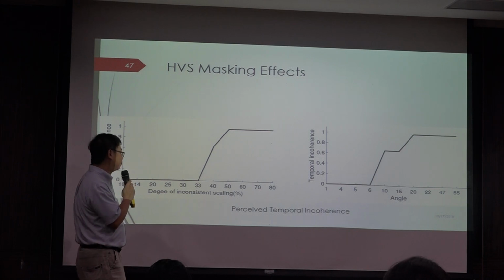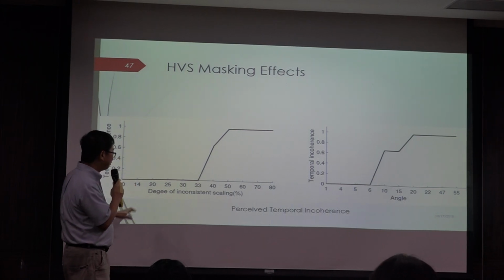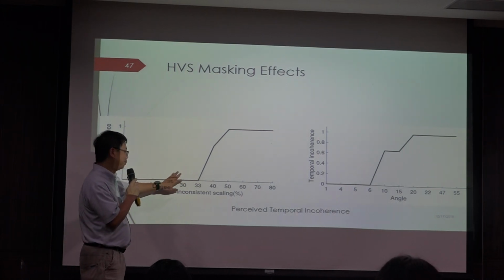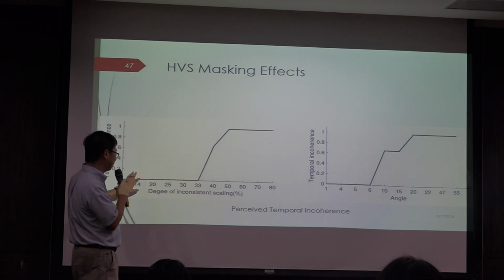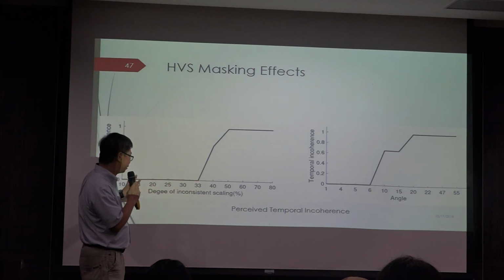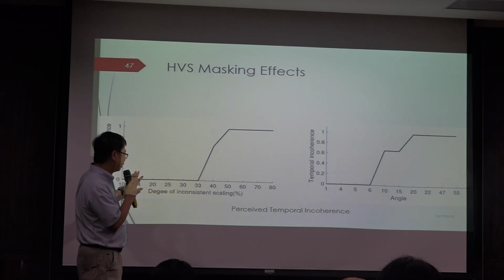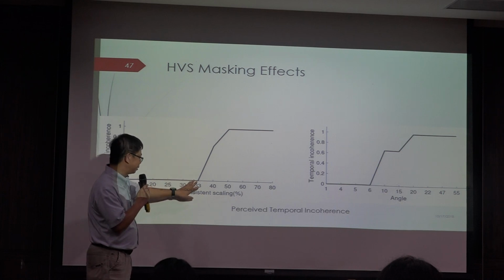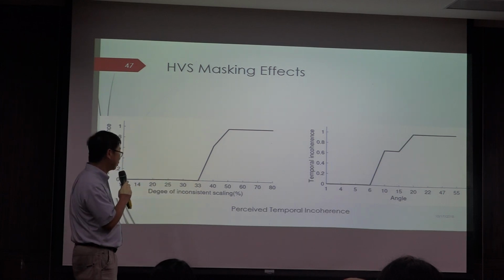So for the boundary non-paired region, we can relax the temporal consistency constraint to some extent. We can allow it a degree of temporal inconsistency of around 30%, or close to 40%.